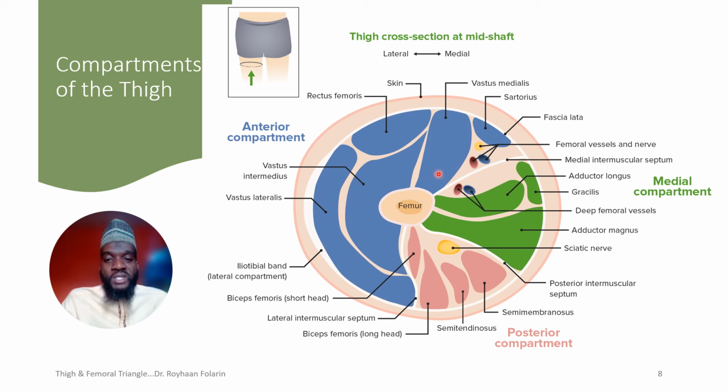So the most medial, remember this is the left leg, so this is the right side of the left leg, and this is the left side of the left leg. But as for the individual as a person, this is going to be the region where the person's midline is. So the closest thing to the midline will be medial in this case, because we are looking at the left leg.